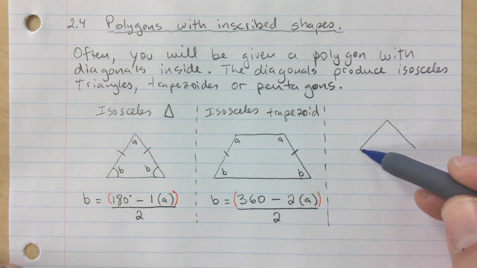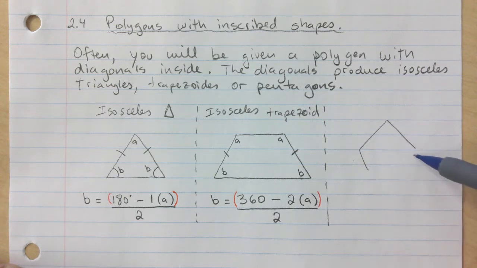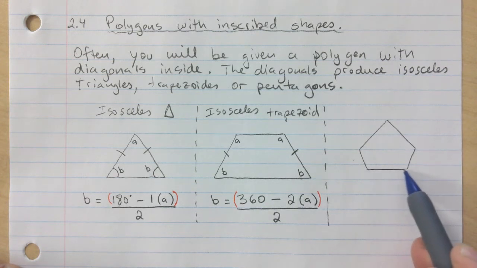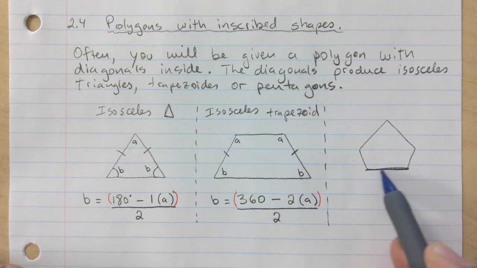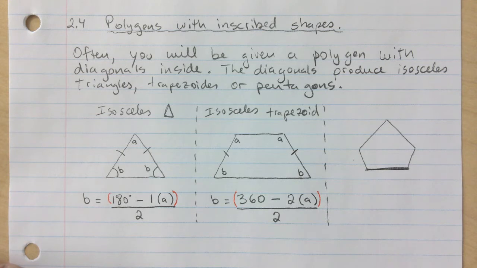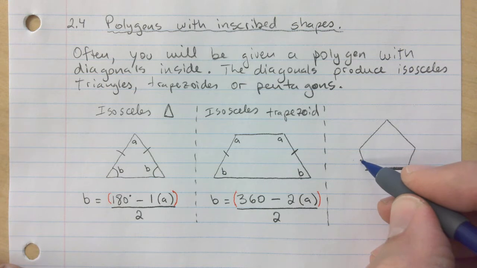And then we're going to make this a little shorter. Something like that, where this side is kind of cutting off. It's not like your regular pentagon. These are isosceles pentagons, okay?